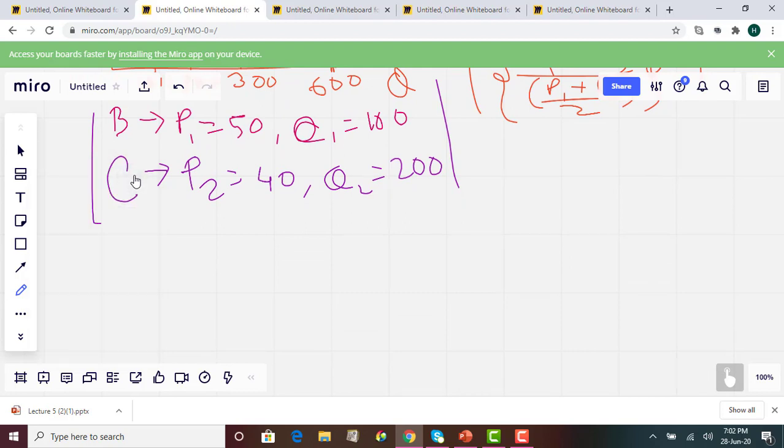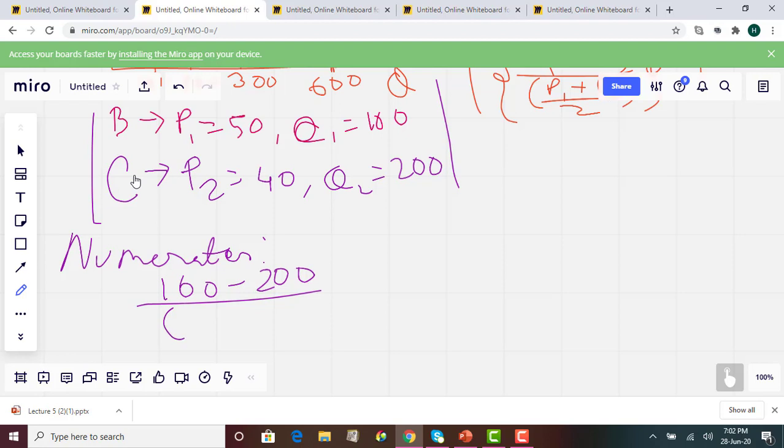Okay, so the easiest way to do this is first calculate the numerator, then calculate the denominator, and then divide the numerator by the denominator to find the end result. So for the numerator, we look at the quantity demanded first: Q1 minus Q2 divided by Q1 plus Q2 divided by 2.